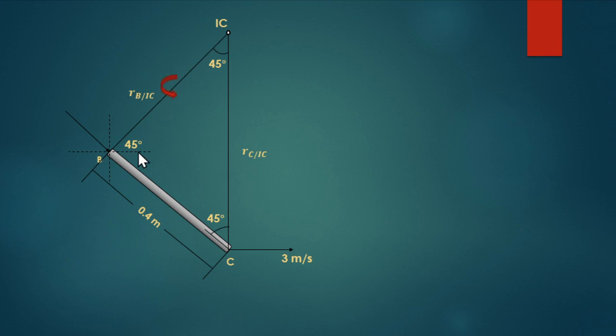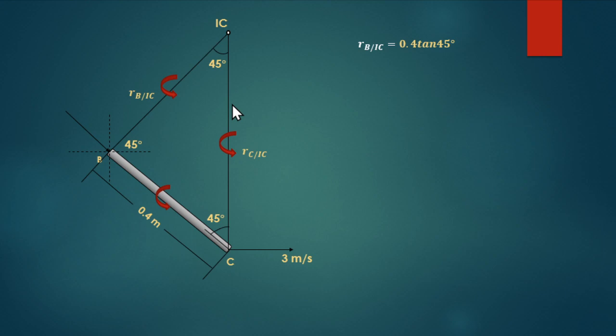And the line of action should pass through the instantaneous center, so the rotational motion at this perpendicular is equal for length BC and for length CIC at this distance.